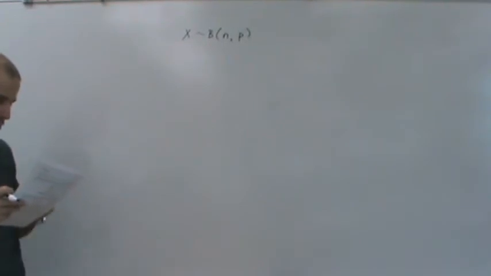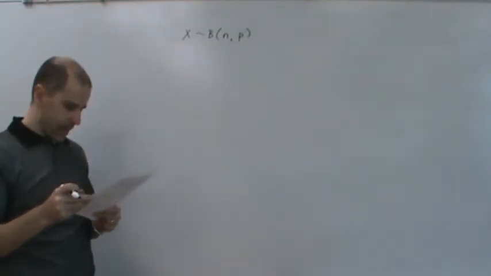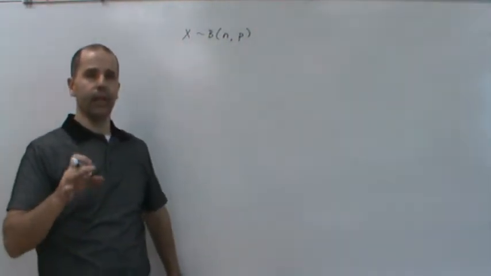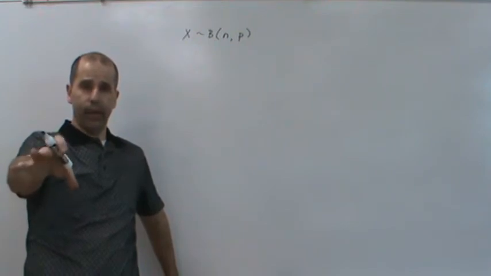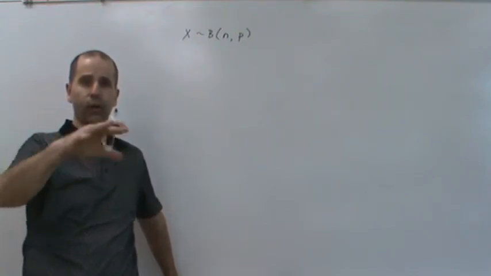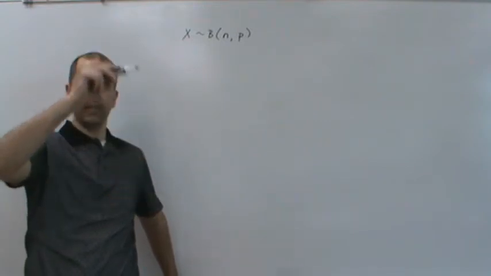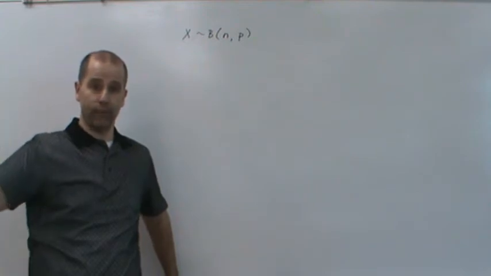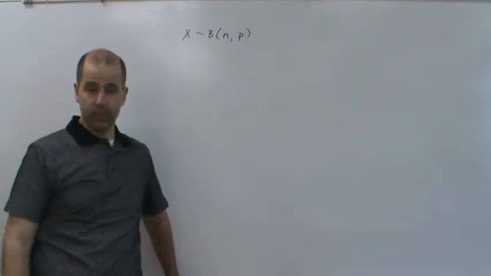If you go to the textbook, or do a Google search on binomial distributions, you can find all kinds of things that show that as n increases, the shape of the histogram for a binomial distribution becomes more and more bell-shaped and symmetric.